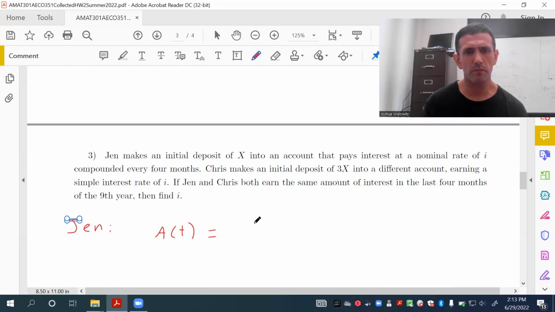So for Jen, let's first get what the effective annual interest rate is, or the equivalent effective annual interest rate.